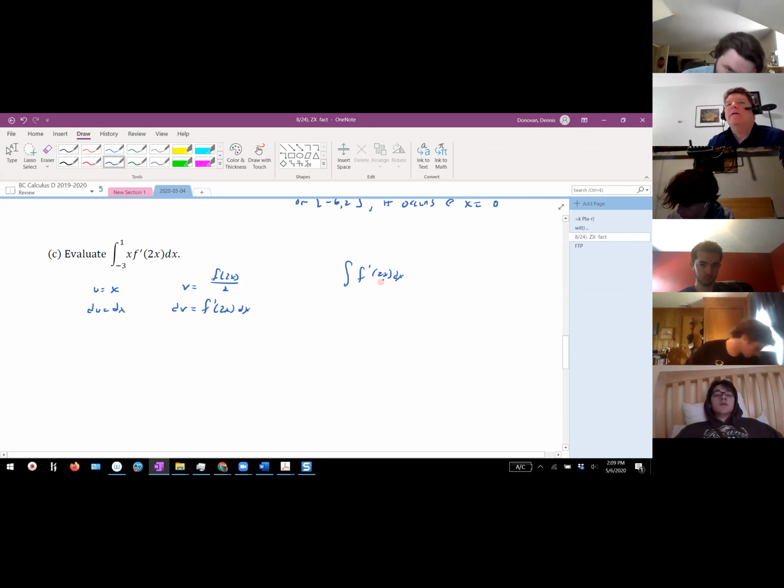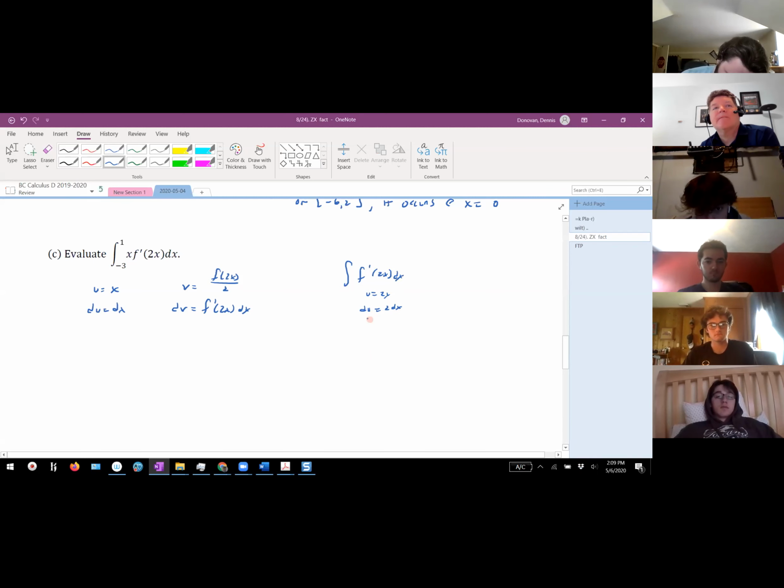So u is 2x, du is 2 dx. I'm doing dv, right? So I'm taking the antiderivative of this. I just want to make sure everybody knows why it's over 2. Because it's a u sub.